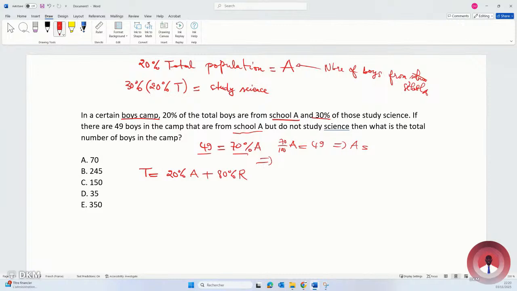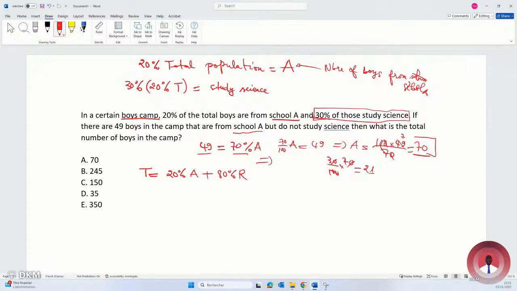Then A is equal to 100 times 49 divided by 70, which is 70. So 70 is the number of boys from school A. And you will see that 30% of 70 gives us 21, which is the number of those that study science and are from school A.